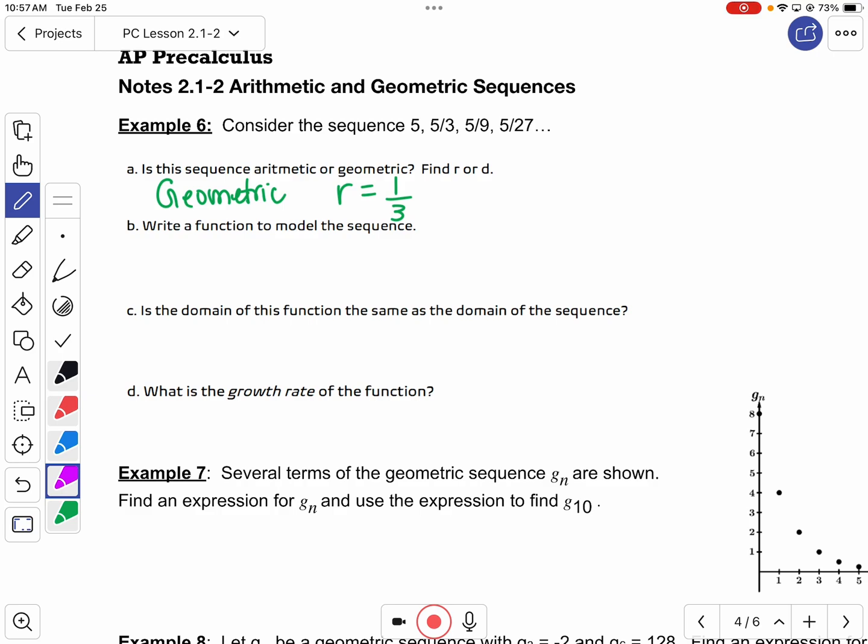So, a couple of options. They did not give me the 0th term, and that's okay. They gave me the first term as 5. What would my equation look like if I use that first term? What happens to my exponent?